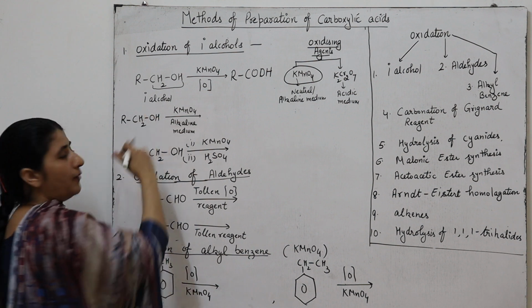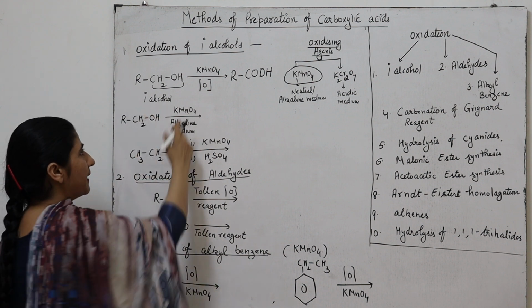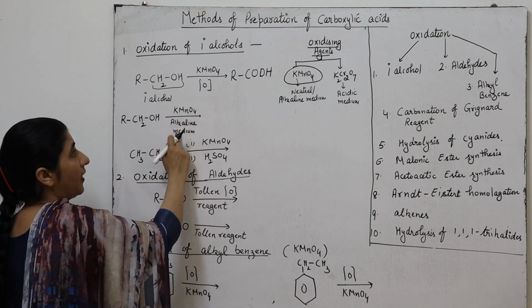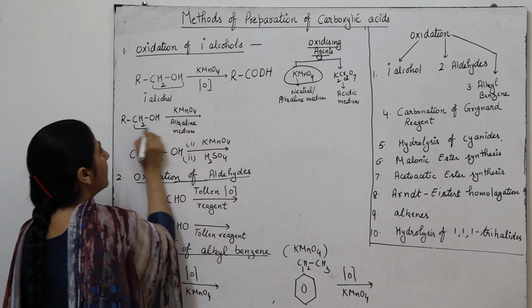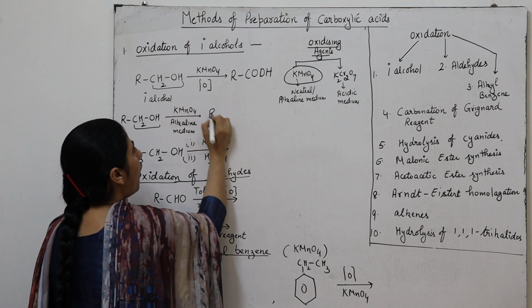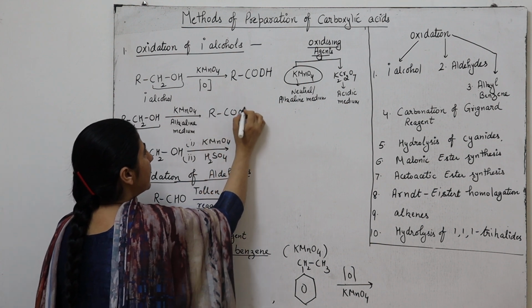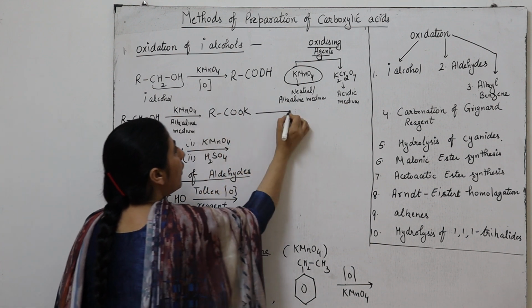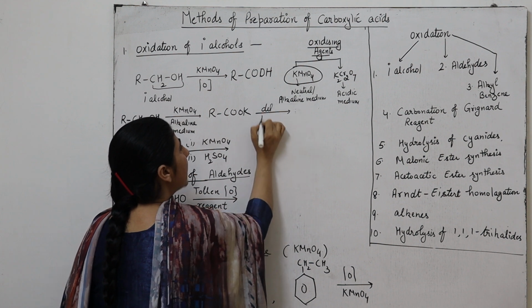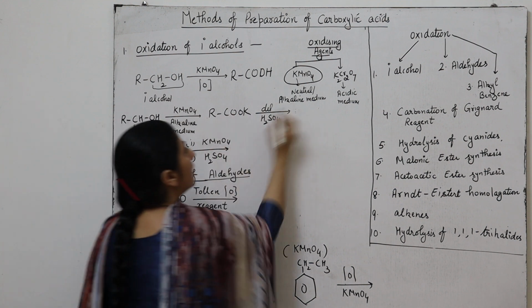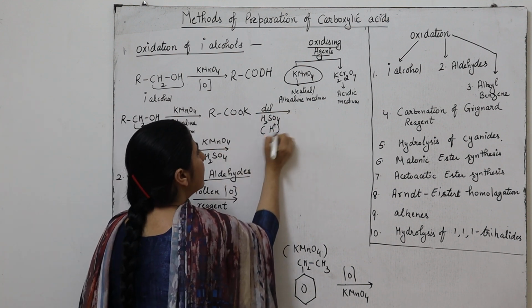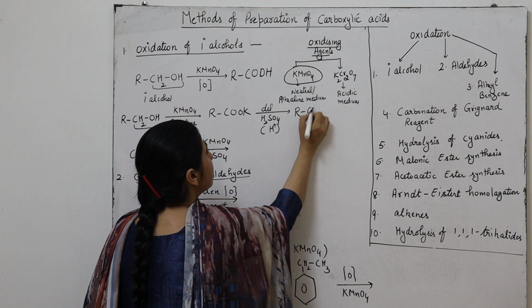In general, when the reaction is complete in the presence of KMnO4 in alkaline medium, we get the potassium salt of the carboxylic acid, which on further treatment with dilute sulfuric acid gives the carboxylic acid.